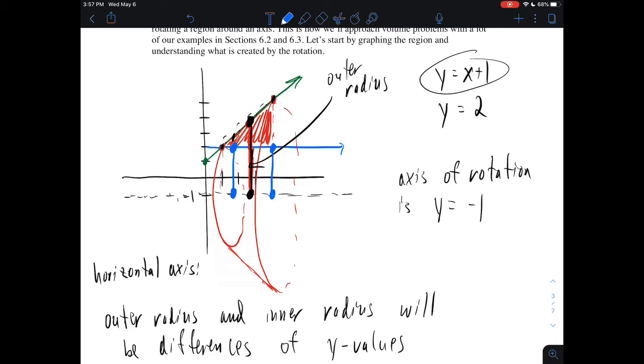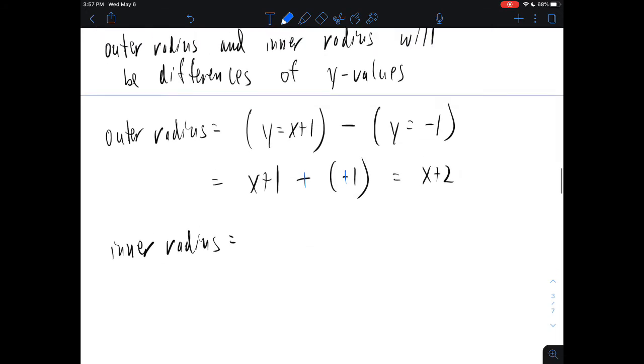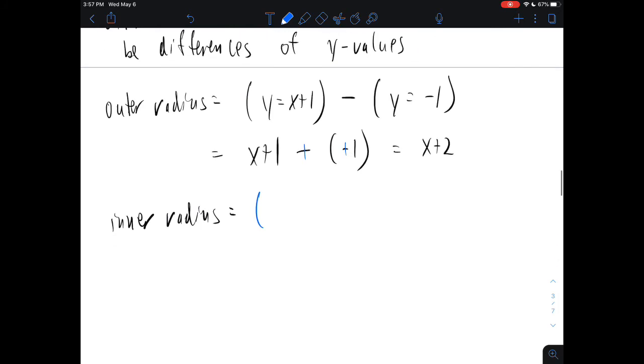That blue line had a constant related to it. But I can find it conceptually the same way. It's the y values that come from the blue line, y equals 2, minus the y values that come from the axis of rotation. So this is really just 2 minus negative 1, which is the same thing as 2 plus 1, which is 3.